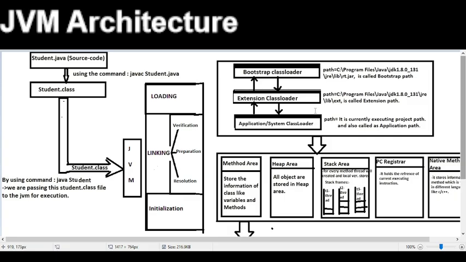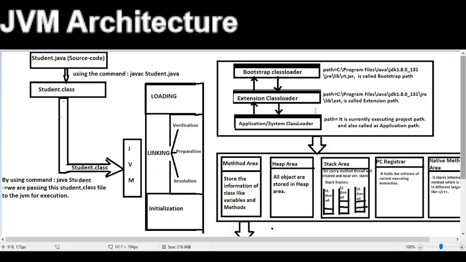If the student.class file is not available there, then again the extension class loader will delegate the request to the application class loader. Now the application class loader will try to load the .class file from the application path area. If the application class loader finds the student.class file at its application path, then it's okay, it will load the .class file.